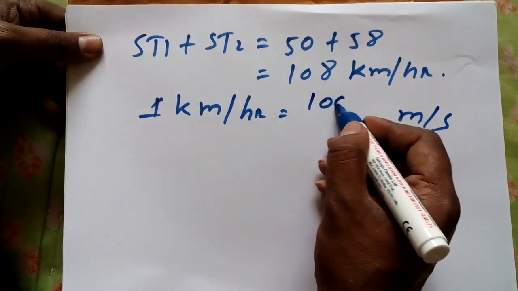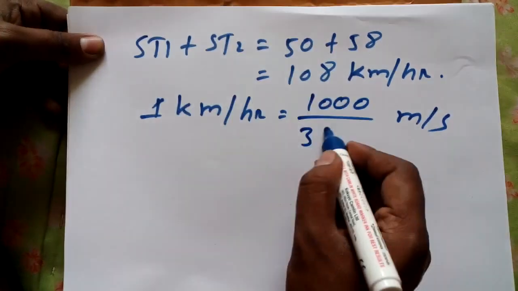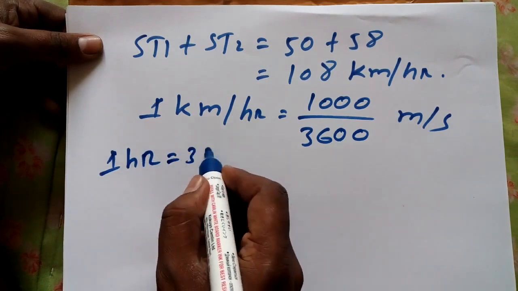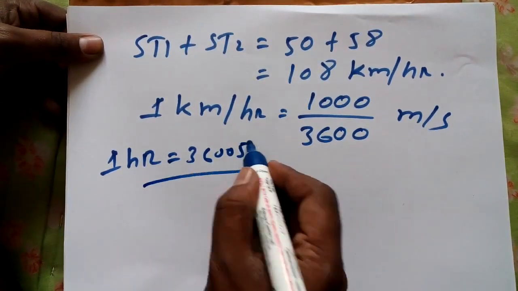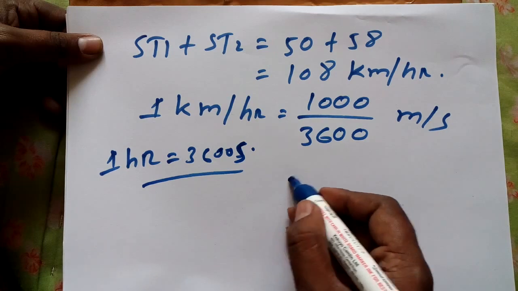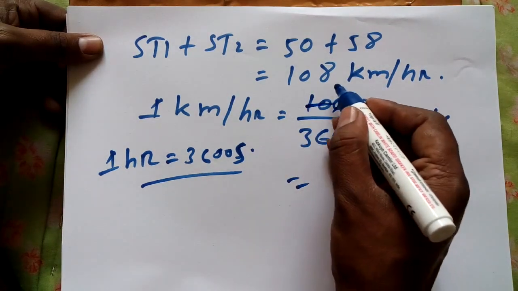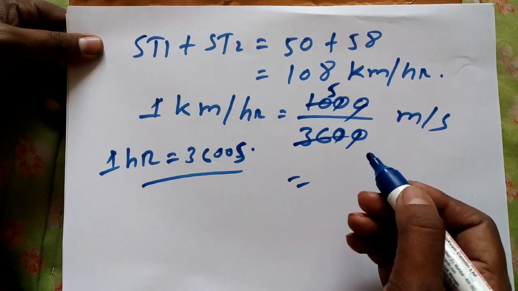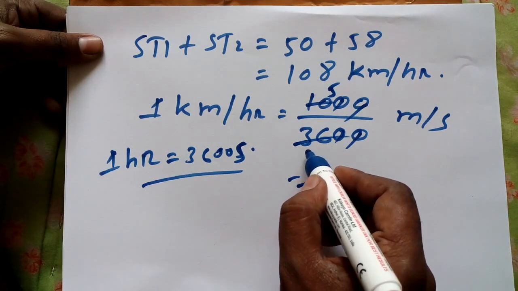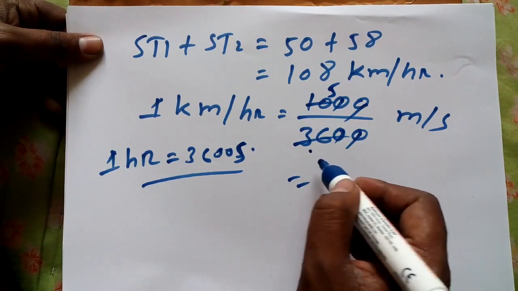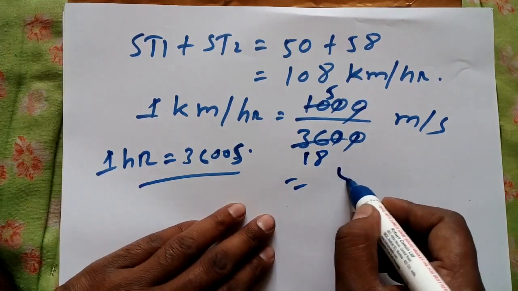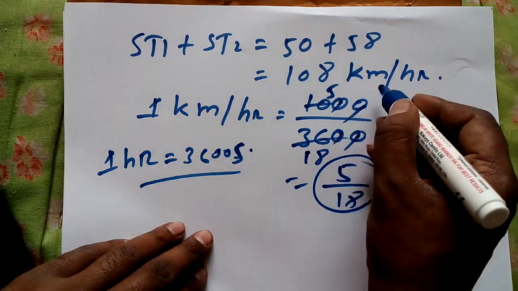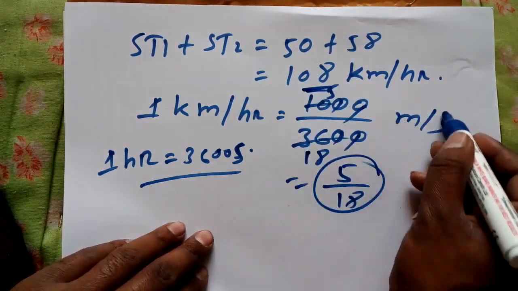Kilometer means 1000 and hour is 3600, because 1 hour is equal to 3600 seconds. So we cancel: 2 fives are 10, 2 eighteens are 36. So this is 5 upon 18. So if you multiply by 5 upon 18, it will become meter per second.